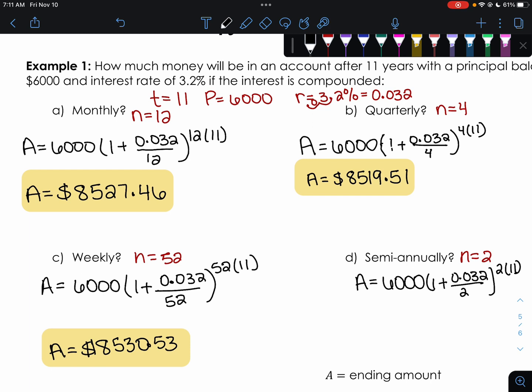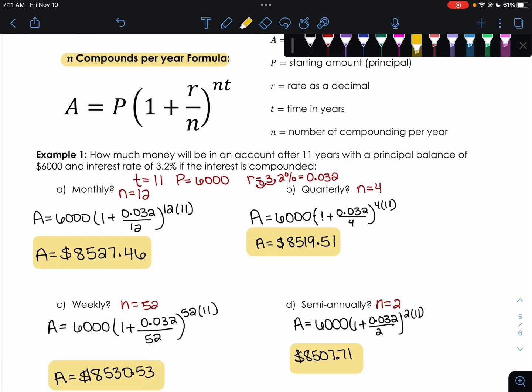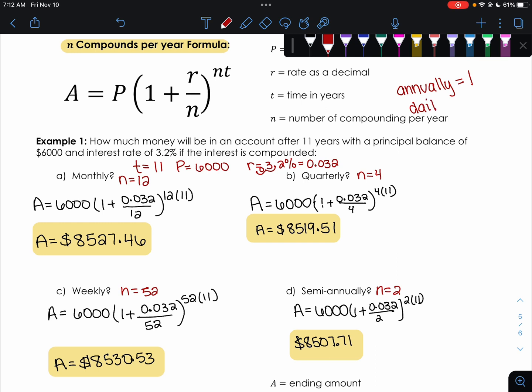So we type it into our calculator and we get 8,507.71. If it said annually, so just annually and not semi-annually, then N would equal 1. If it said daily, N would equal 365 days unless you were told a different day amount.